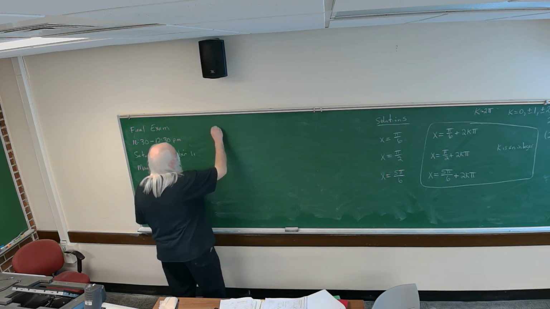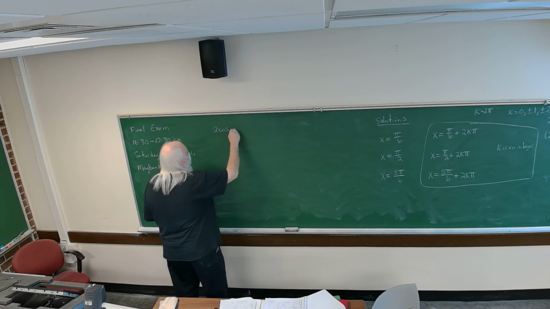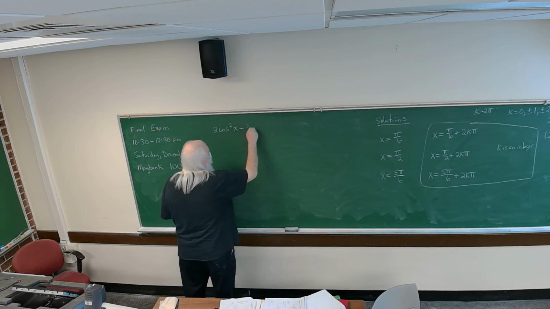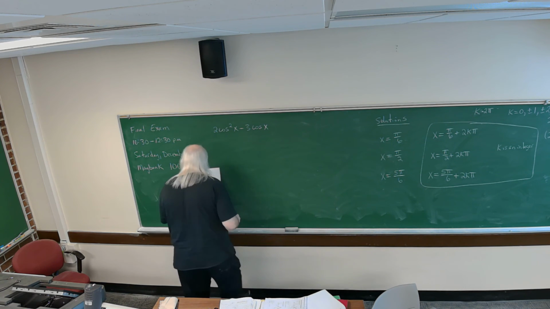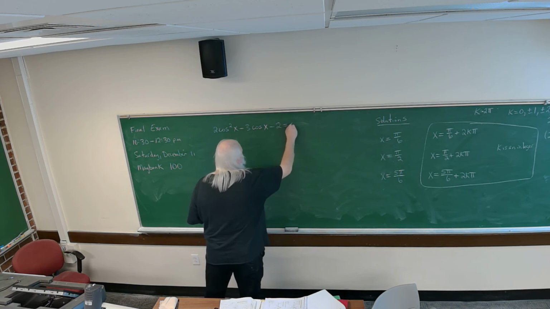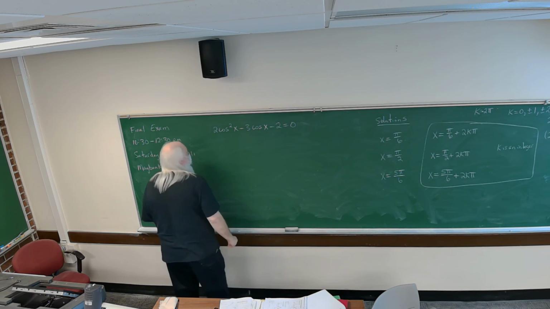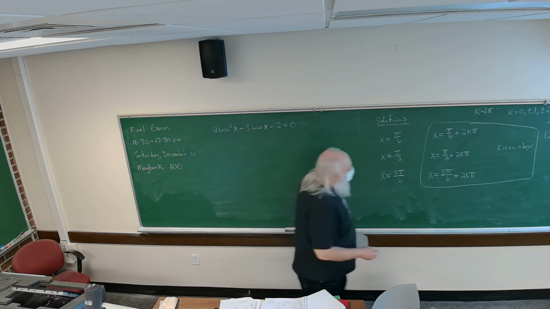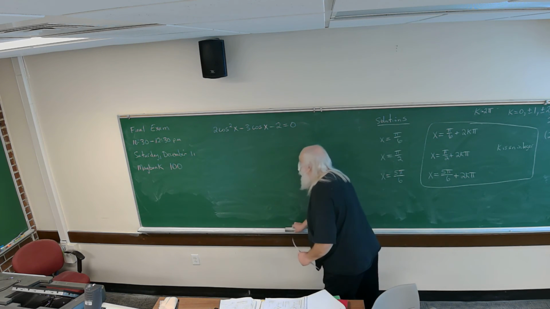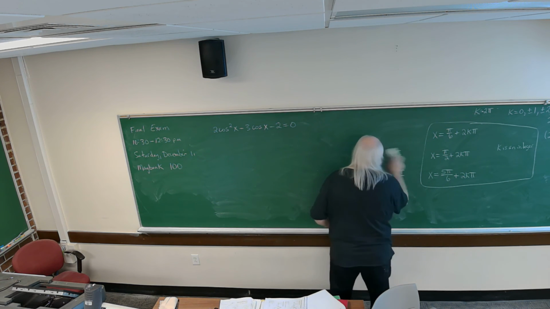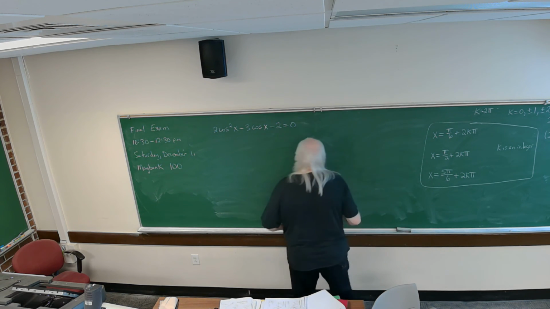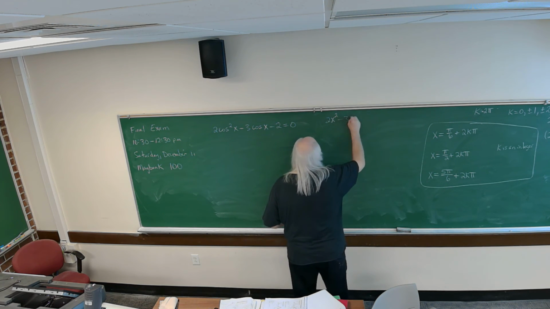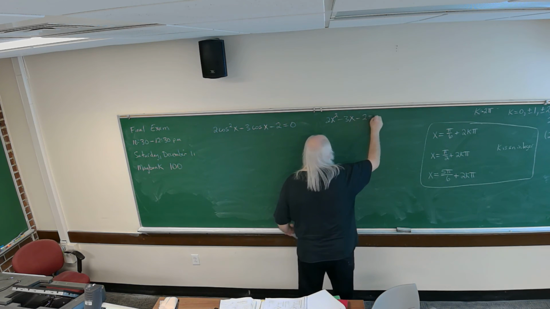In B, we have 2 times cosine x squared minus 3 times cosine x minus 2 is equal to 0. Again, this is in quadratic form. Factoring the left-hand side is like factoring 2x squared minus 3x minus 2.